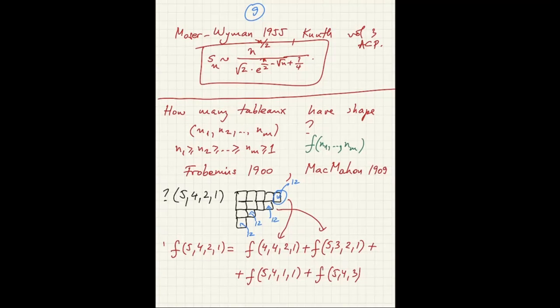So this is a key recurrence relation that the number of tableaus satisfy.